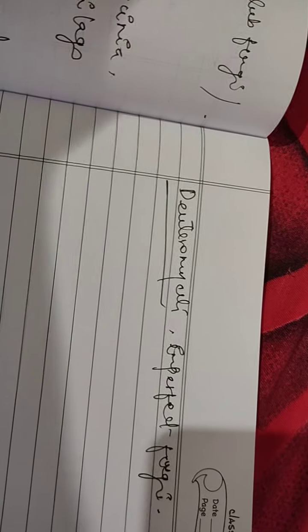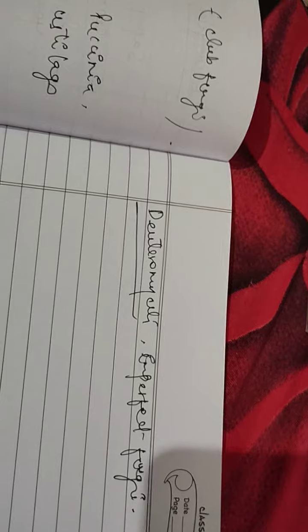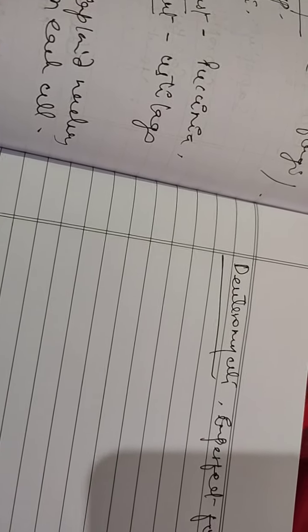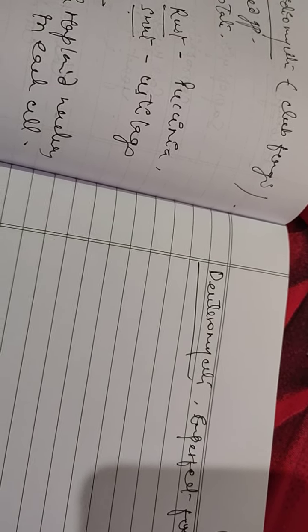That's why it is called deuteromycetes, or you can say imperfect fungi. The asexual and vegetative stage have been given one name and placed under deuteromycetes, and the sexual stage another name, placed under another class. So it is about the discovery.